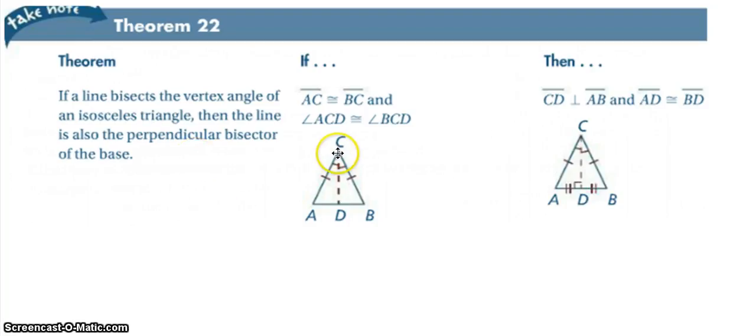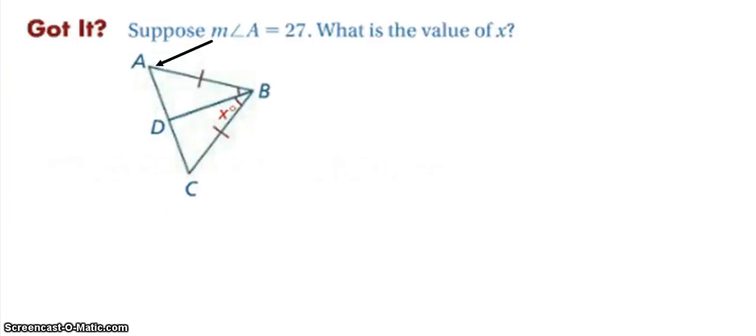Now remember that when I drop this angle bisector, I actually then create by side angle side two congruent triangles, and since my triangles are congruent, that means my segment AD must be congruent to my segment BD, and because I dropped it straight down and it meets my base at 90 degrees, that means that it is a perpendicular bisector.